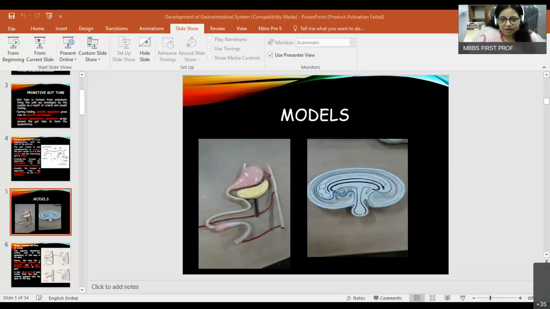See, I'll explain this model so that you can have the basic idea how the GIT develops. This model is basically showing you the folding, head and tail folding of a developing embryo. See, this is the head folding and this one is the tail folding.